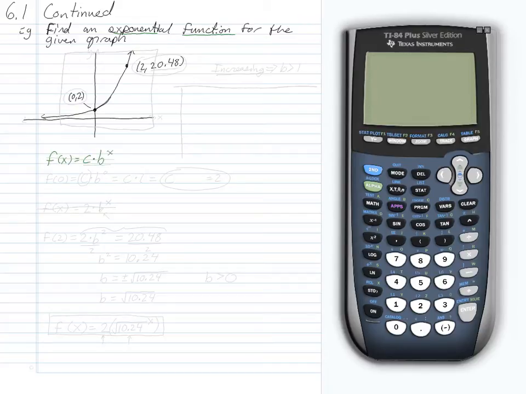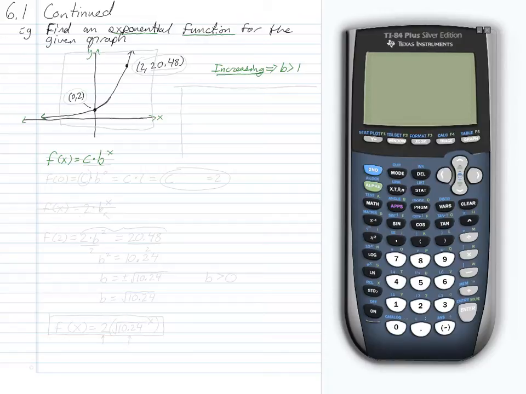This graph exhibits almost all of the features that our basic exponentials exhibit. It has a horizontal asymptote here along the x-axis. It grows exponentially, just like we would expect an exponential graph to grow. This is increasing, so we can infer that the base, whatever it turns out to be, will be greater than 1.